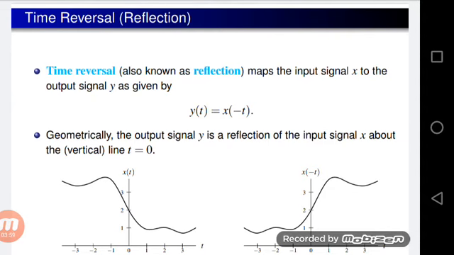If x of t is a wave like this, then x of minus t is the reverse of x of t. That means when we apply time reversal, the wave is reversed.